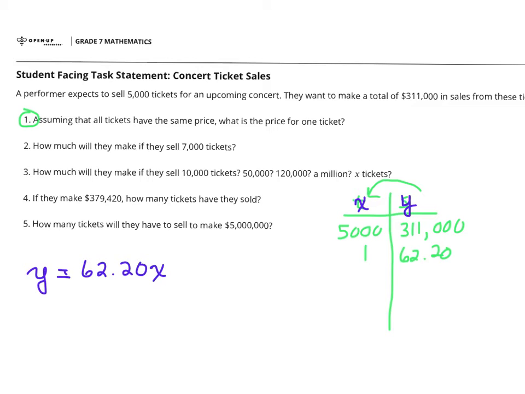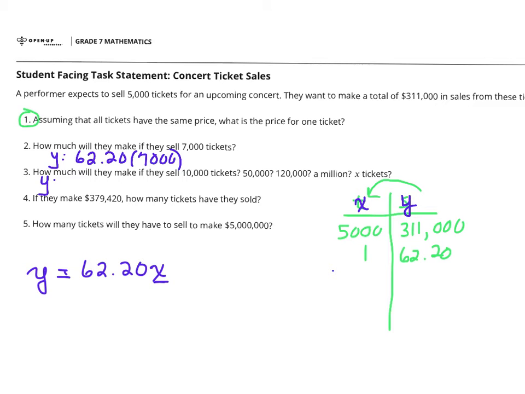Well, in this equation, the X is the number of tickets, right? So to find that out, I could multiply Y will equal 62.20 times 7,000, and I'll let you guys get that answer. How much will they make if they sell 10,000 tickets?